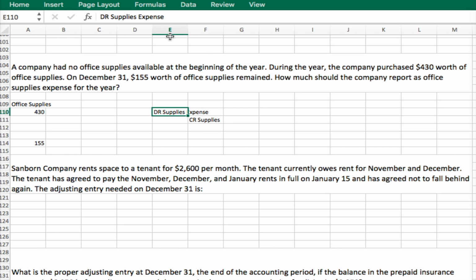So our journal entry would have a debit to supplies expense for 275, and since that's the only supplies expense we had, that's what the expense for the year would be, 275. Of course, if we were finishing this journal entry, supplies would also have a credit of 275. Questions on that one?